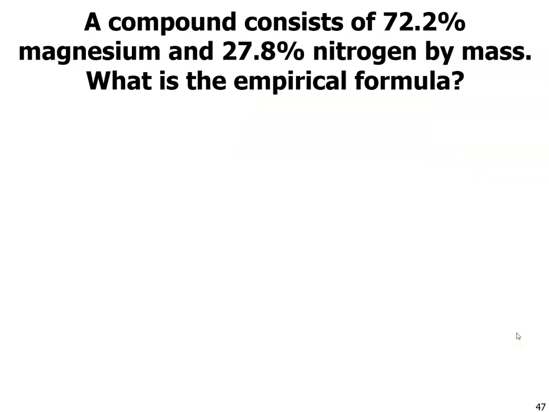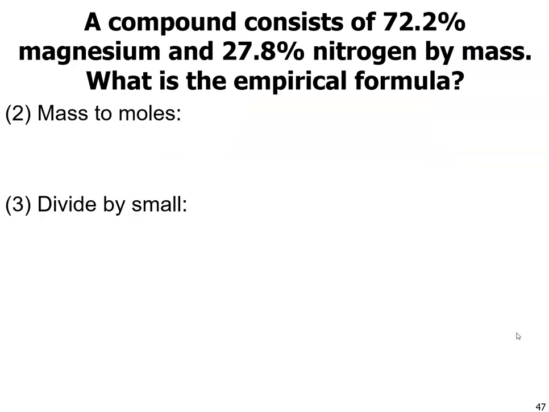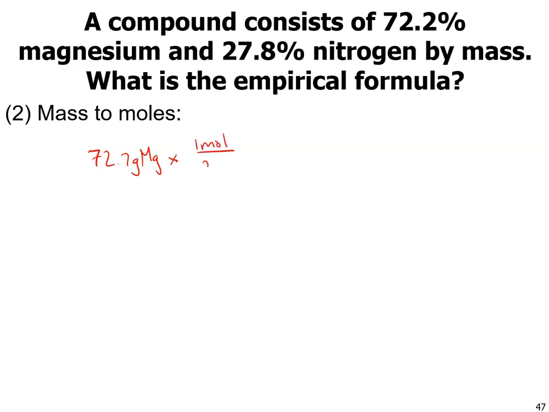The next one's mass to moles. So we need to change the mass to moles by determining the molecular weight. When we have 72.2 grams of magnesium, we want to change this from mass, which is grams, to moles. So we need to look at the atomic mass of magnesium. If I have a periodic table handy, I know that 1 mole is equal to 24.3 grams of magnesium.